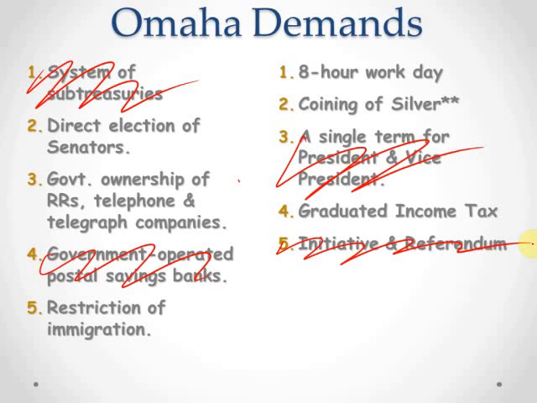Direct election of senators meant that the people could elect their senators directly. Because before, who elected senators? Anyone know? From each state, who would elect the senators if not the people? The state governments.